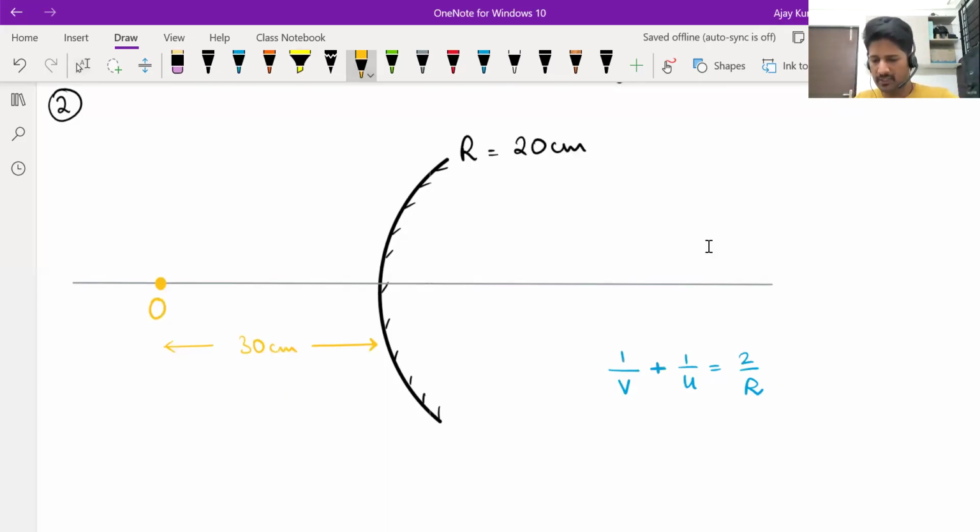Now one of them will be along the principal axis like this. I'll just draw the incident rays. You draw the reflected rays in your diagram. So one incident ray is this way. You know how it gets reflected also. Consider another incident ray to some other point on the mirror. Maybe like this. Draw the normal, draw the reflected ray, then do the calculation. Okay, some of you have already given the answer, that's fine. But draw the rays.